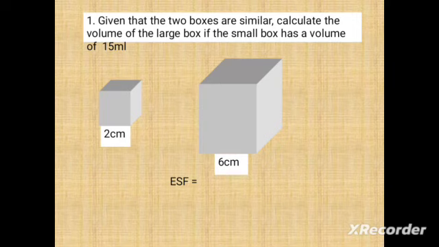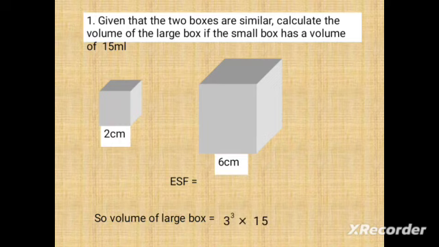Now calculating the scale factor, of course it is the enlargement scale factor, which is the image length over the object length. The image length is 6 over 2, and 2 is the object length, so it will be 3.